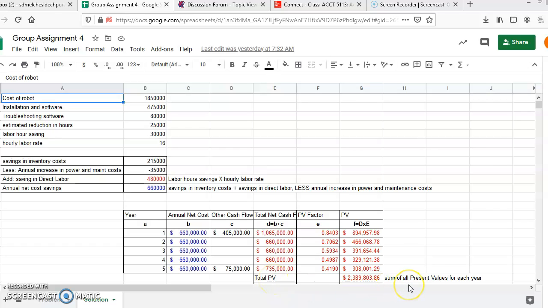The sum of all present values for each year came out to $2,389,803.86.